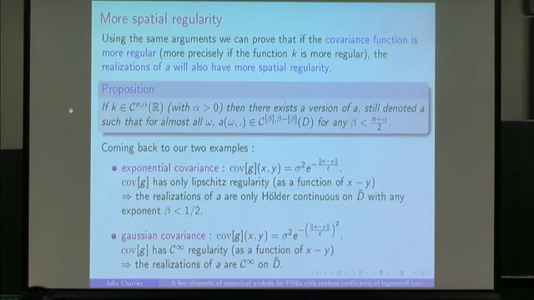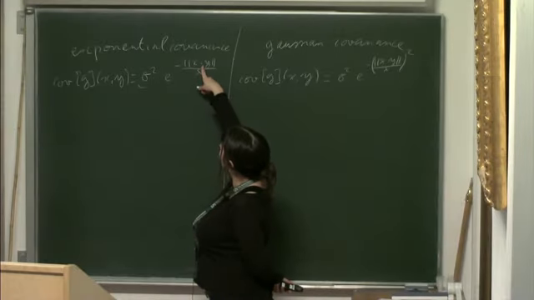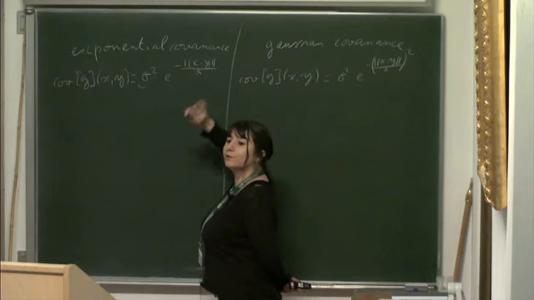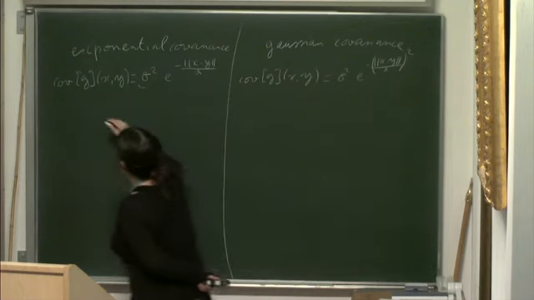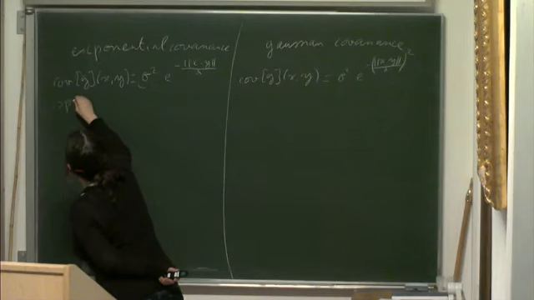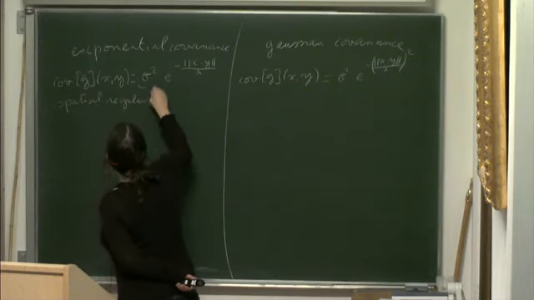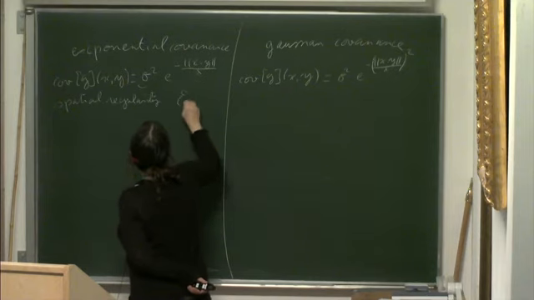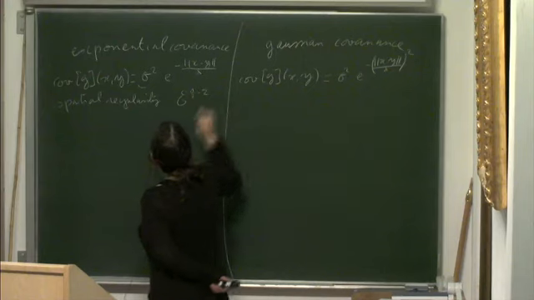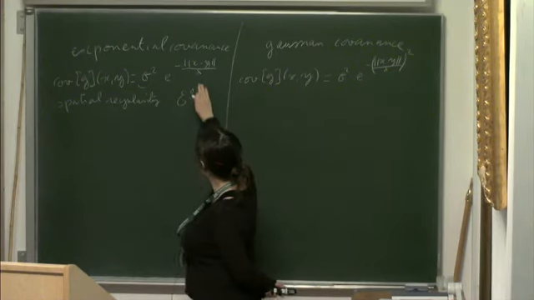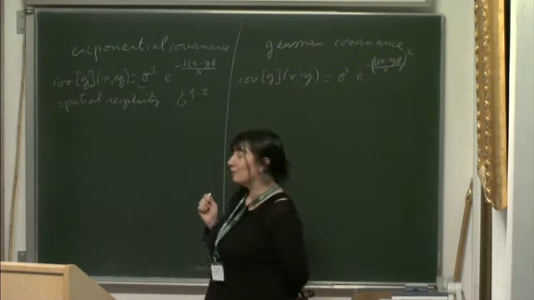So now I'm coming back to my two examples. In the first one, k is a Lipschitz continuous function of x minus y, but you don't have more regularity. So the spatial regularity is 1/2 minus epsilon Hölder continuous.